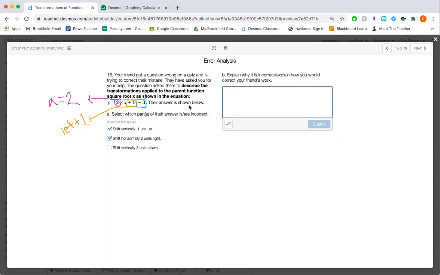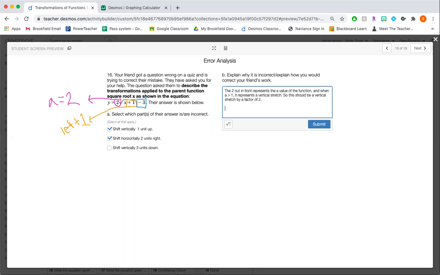So I would say the correction here is the 2 out in front represents the a value of the function. And when a is larger than 1, it represents a vertical stretch. So this should be a vertical stretch by a factor of 2.